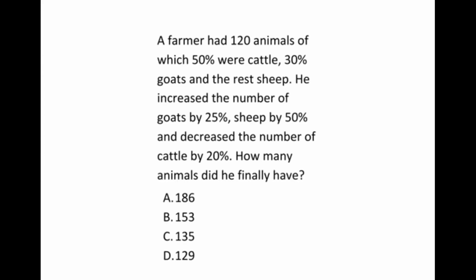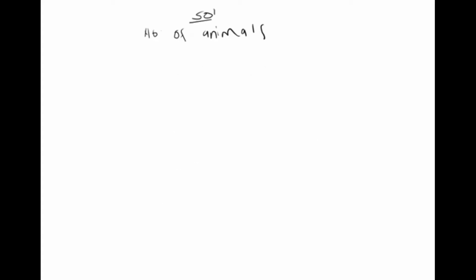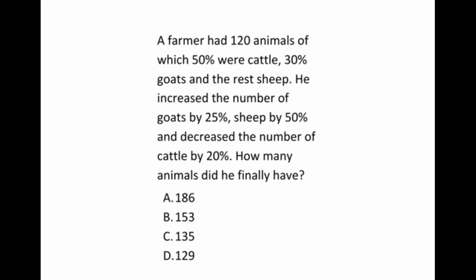Number of animals. The number of animals here, we are told, is 120. Then we are told that 50% were cattle, 30% goats, and the rest sheep.